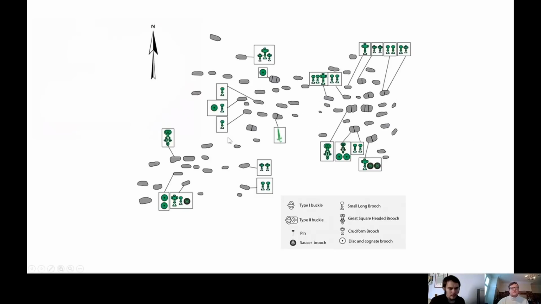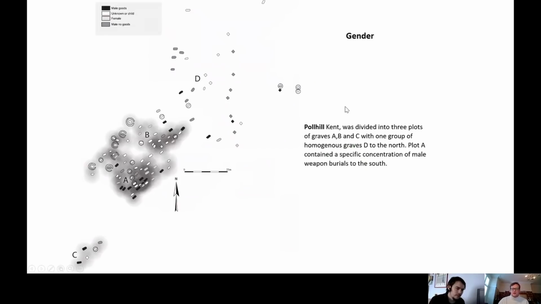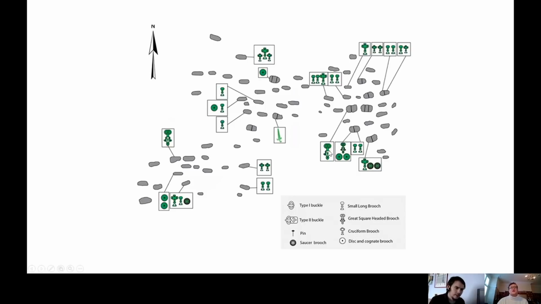Now, exactly the same thing with brooches. It's not necessarily about the type of brooch, but about their quantity, if you like, and the wealth that comes with that. So, for example, this Western group of burials here, which had the Type 2 backplates, has got the largest number of big gilt brooches.